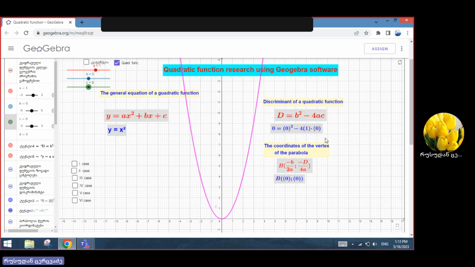Number 1. A is more than 0 and discriminant is more than 0. Branches are directed up. The graph crosses the x-axis. Parabola has two common points with the x-axis.